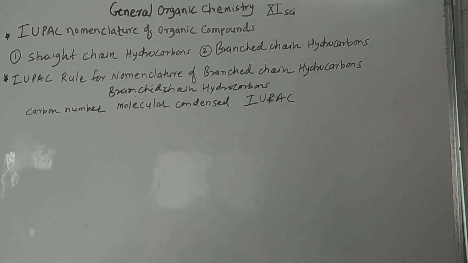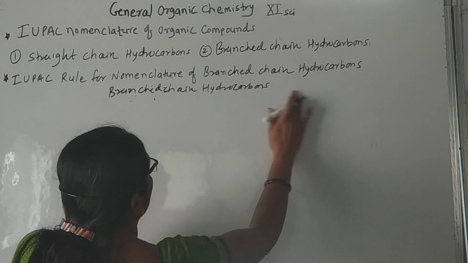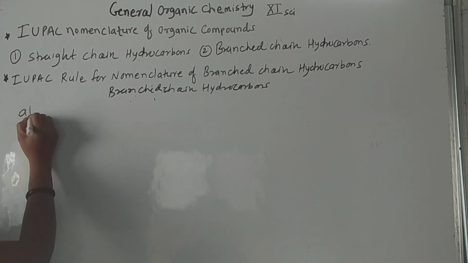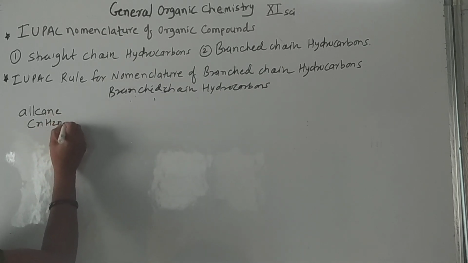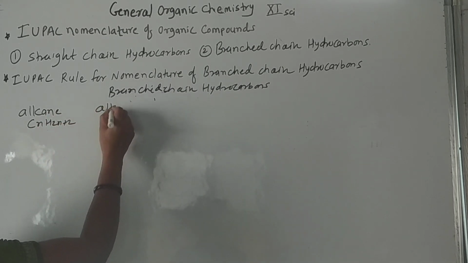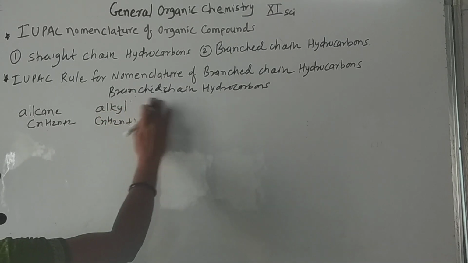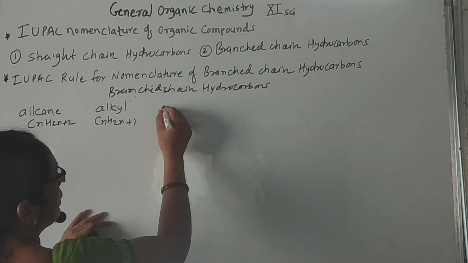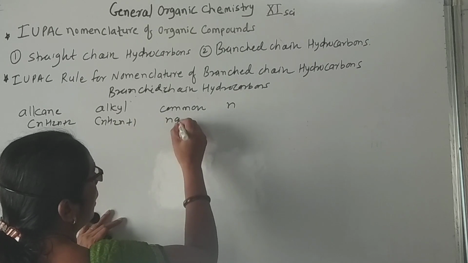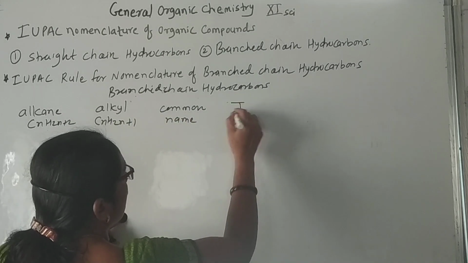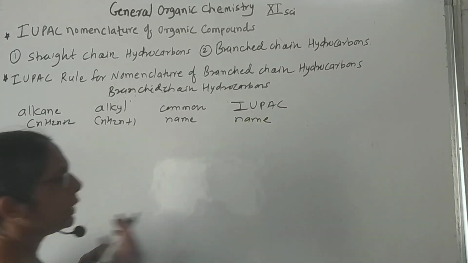We know that alkane has the formula CnH2n+2, from which you can write the alkyl, CnH2n+1. For that alkyl, you can consider its common and IUPAC name. Now we can write their common and IUPAC names.